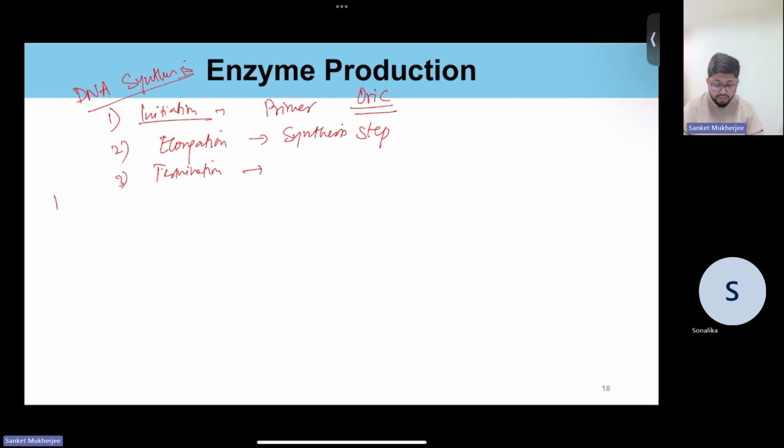So if we look at some history of PCR development, we'll come across certain timelines. In the 1950s, DNA replication in the cell was found out by Arthur Kornberg.